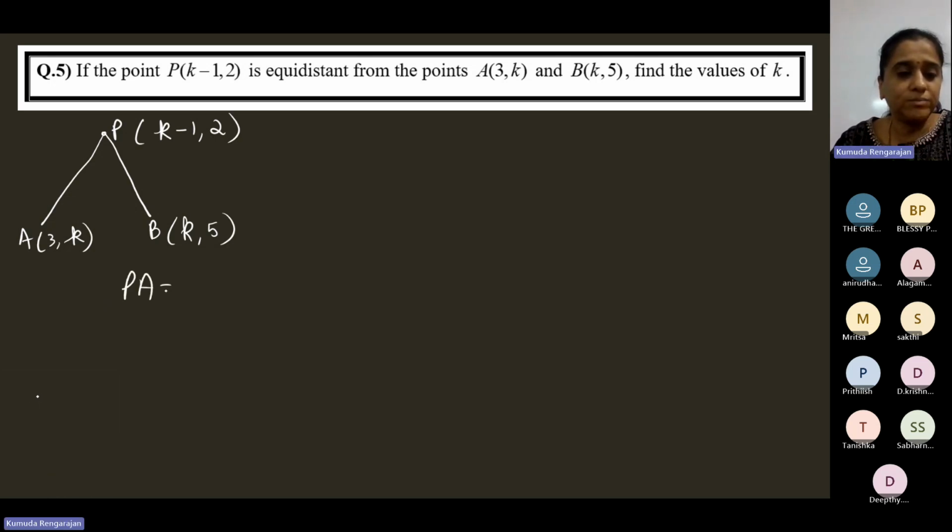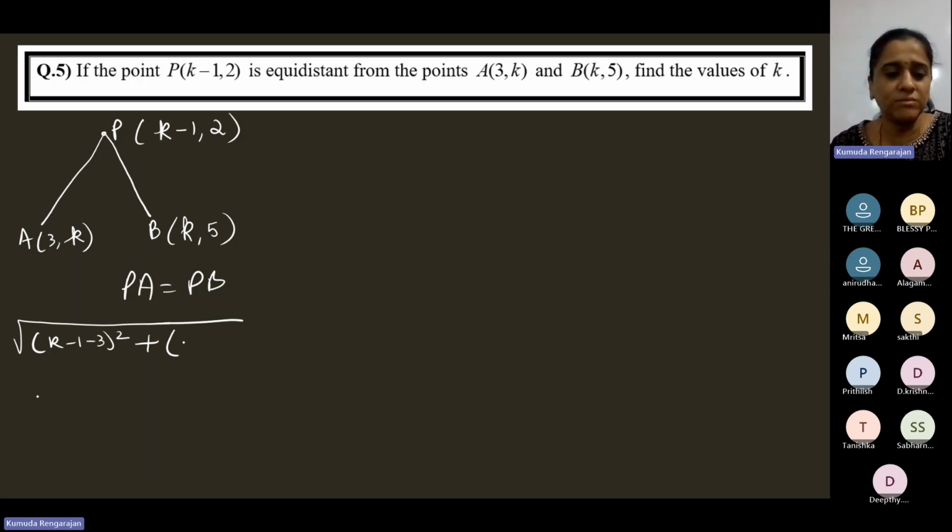So PA is equal to PB. How do you find PA? Square root of, subtract the x coordinates, K minus 1 minus 3, the whole square, plus subtract the y coordinates, 2 minus K, the whole square.